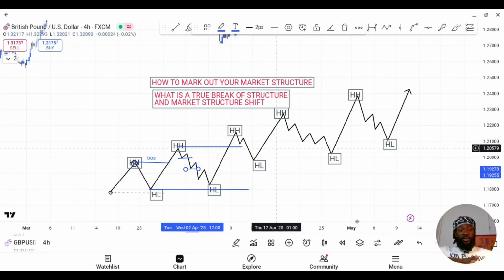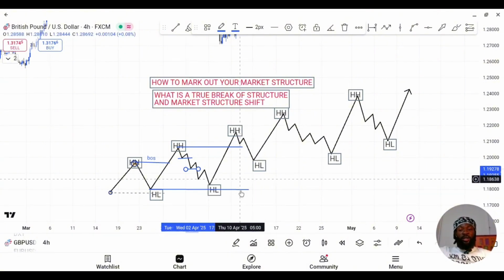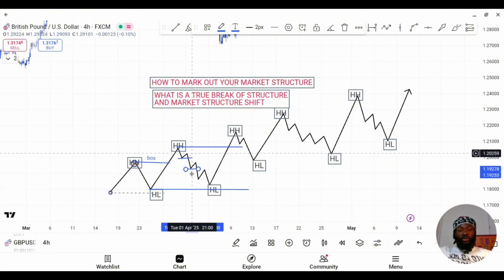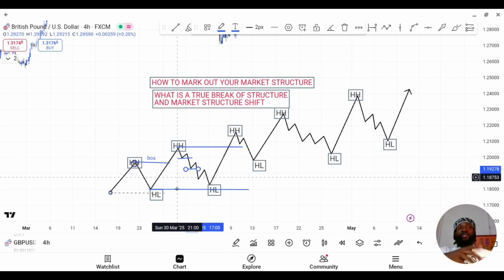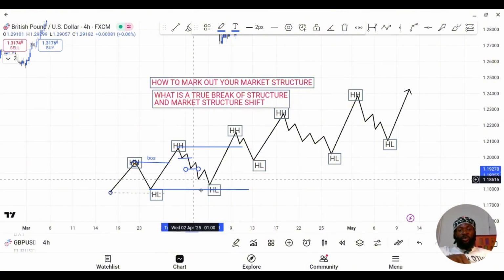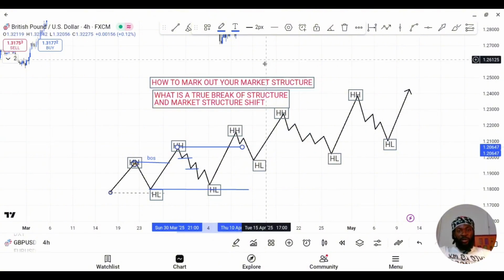If the sketch I did here, as the market is heading upward, is the weekly time frame, this little minor trend inside the price range is a trend in the lower time frame. You see, now the market gives us another break of structure. We have another BOS here.